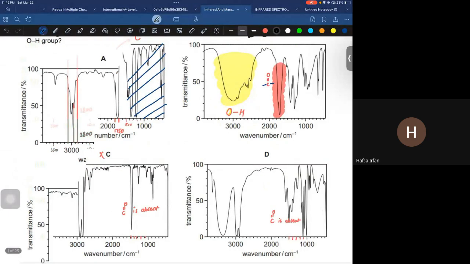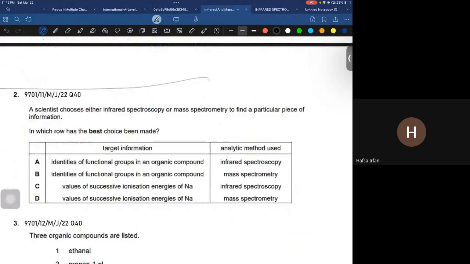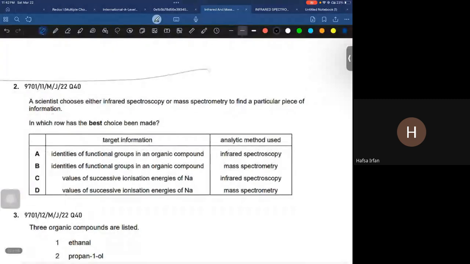See this question? Question number 2. A scientist chooses either infrared spectroscopy or mass spectrometry to find a particular piece of information.